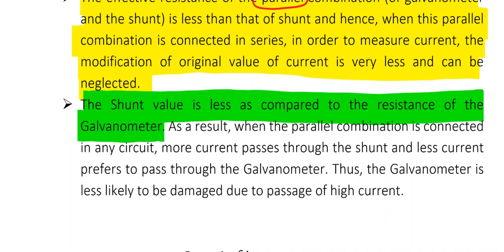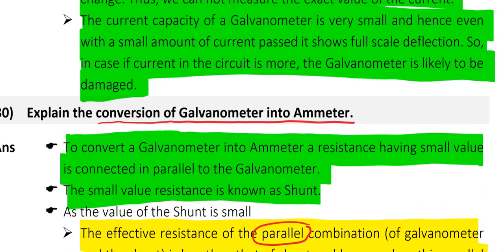See, our second problem was that the current in the circuit is likely to damage the galvanometer, because if large current passes through the galvanometer, then it will be damaged.